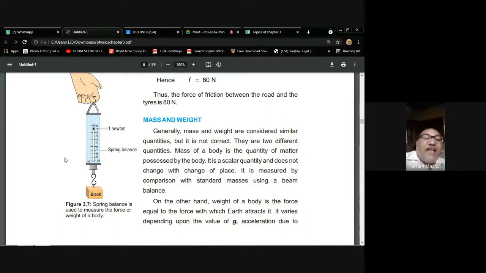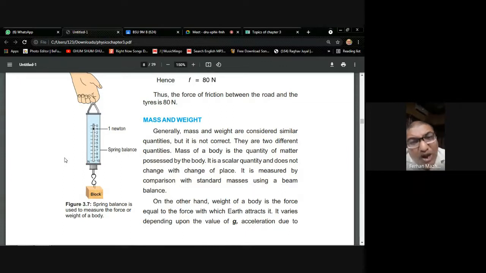For example, on the equator, the g value will be 10 meter per second square, or you can say 10 Newton per kg. The small g value, the gravitational field strength, will be 10 Newton per kg on the equator.